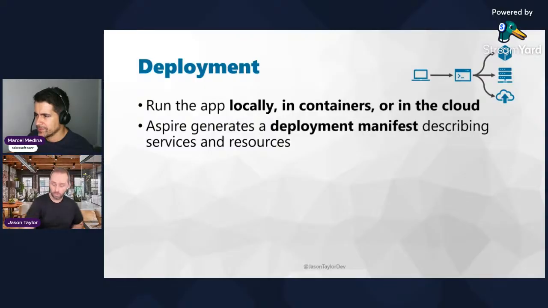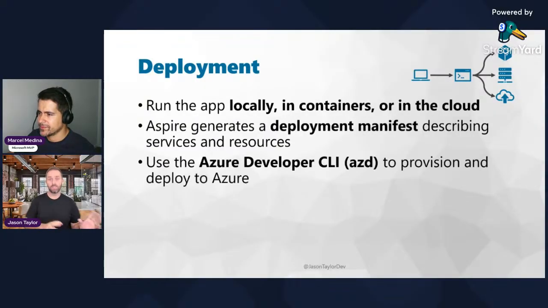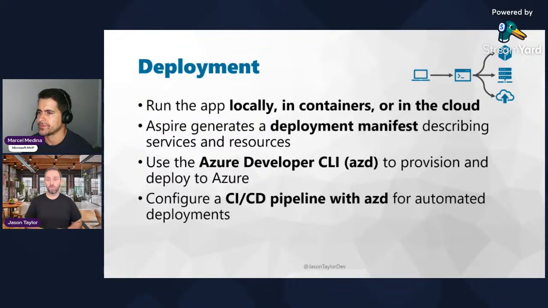We can then use a tool such as the Azure Developer CLI, or AZD for short, to provision those resources and then deploy those services into Azure. Finally, with the same tool, we can configure a CI/CD pipeline so deployments become automated and repeatable.